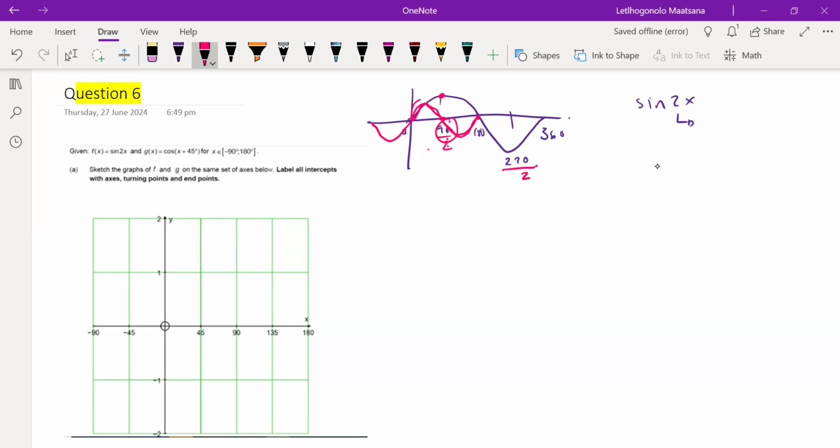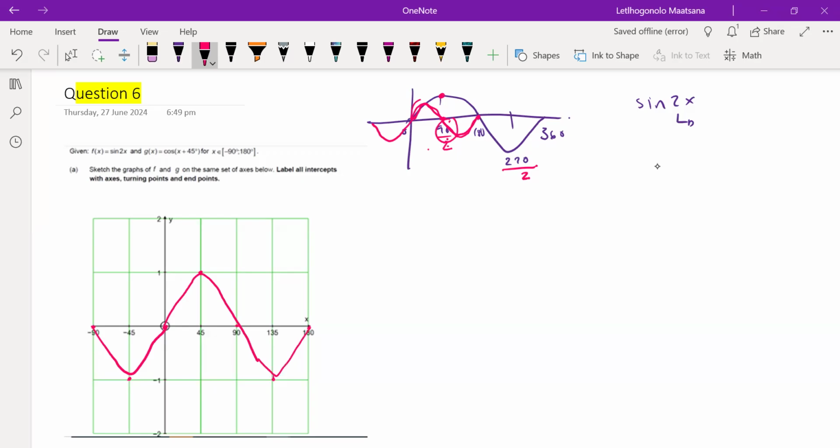So we have a point here for our sine graph, a point there, a point there, a point there, a point there, a point there, and a point there. And we can just draw our graph. We can clearly see our x-intercepts and our y-intercepts there.